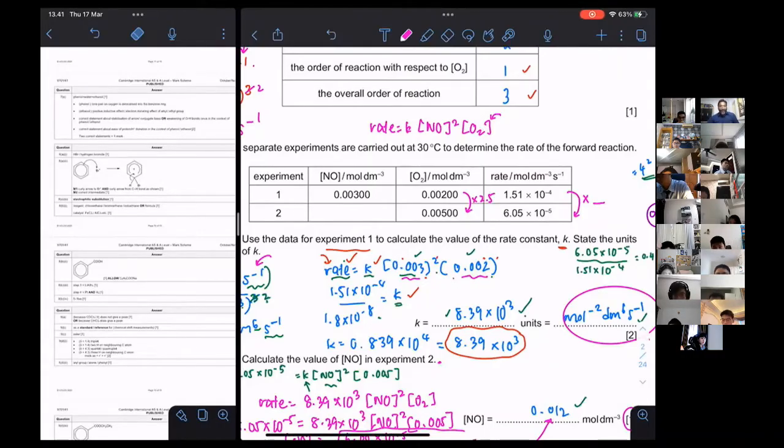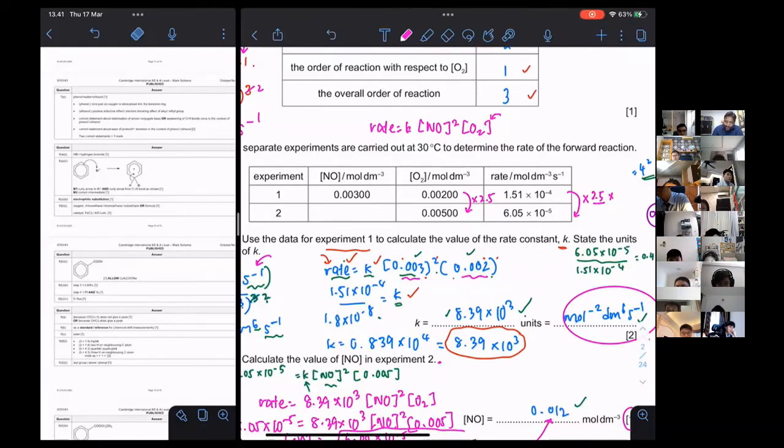Evan, can you try? First order reaction with respect to O2. Yes, correct, Evan. Yeah, 2.5 also. You need to times 2.5 also. But now, this one I put aside, because I'm very sure this might not be times 2.5. Let's actually find out.